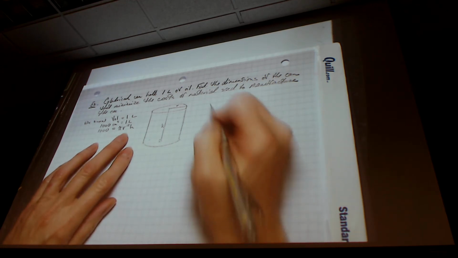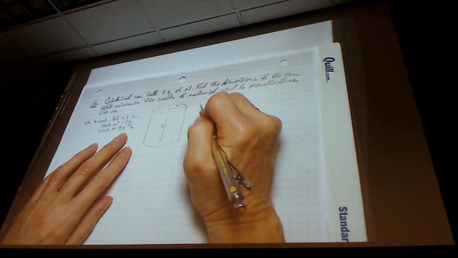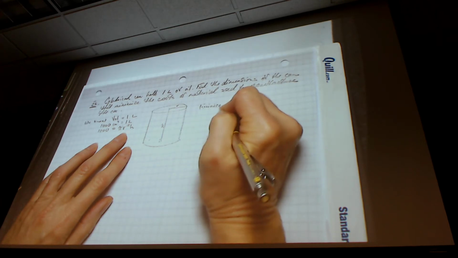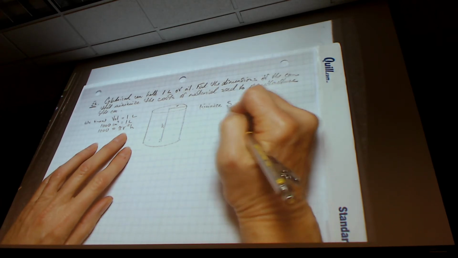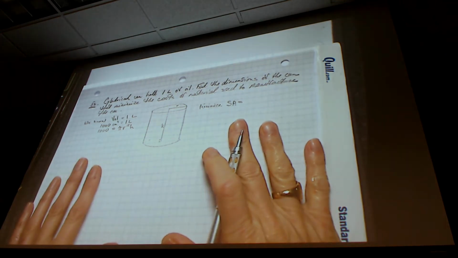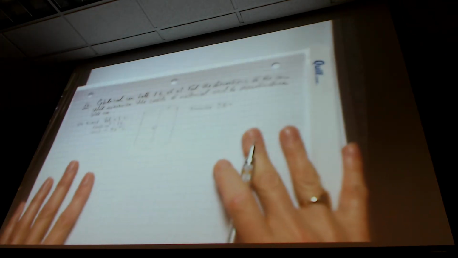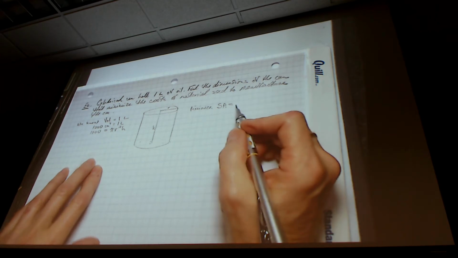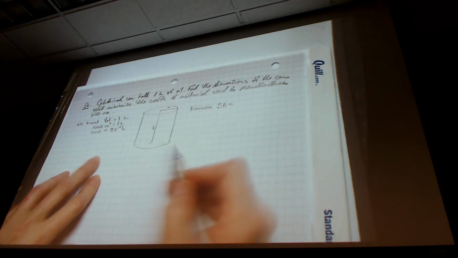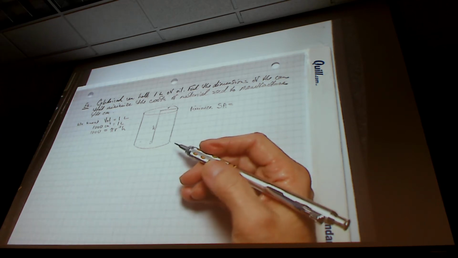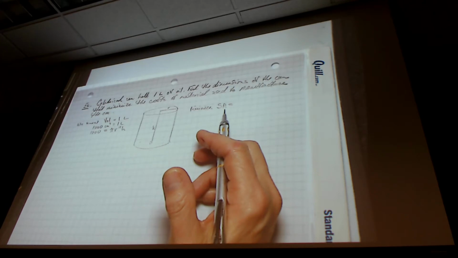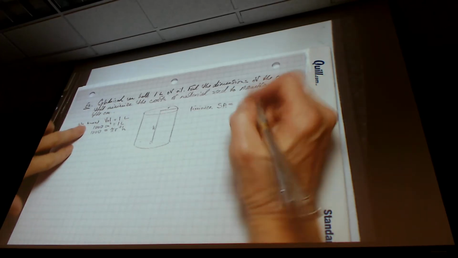So we want to minimize. Now in the book they call this area, but I like to call it SA for surface area. It just reminds me we're in 3D. Okay, so the surface area, it's got a top and it's got a bottom, and both of them are circles. Okay, so we agreed the area of the circle was pi r squared. So there's 2 pi r squared.